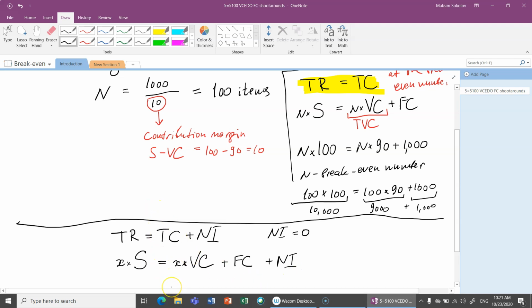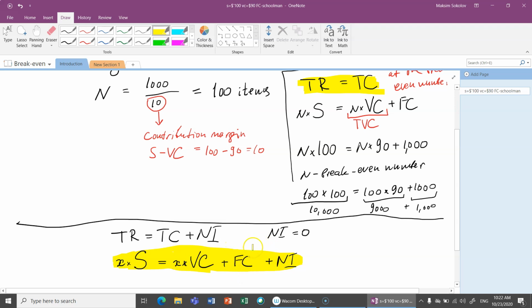So no matter what number of items you sell, you always will have this relationship. If you don't sell enough items to make net income, that net income actually will be negative, which means that it will be a loss. And if you sell more items than you break even, then net income will be positive, and that will be your profit.